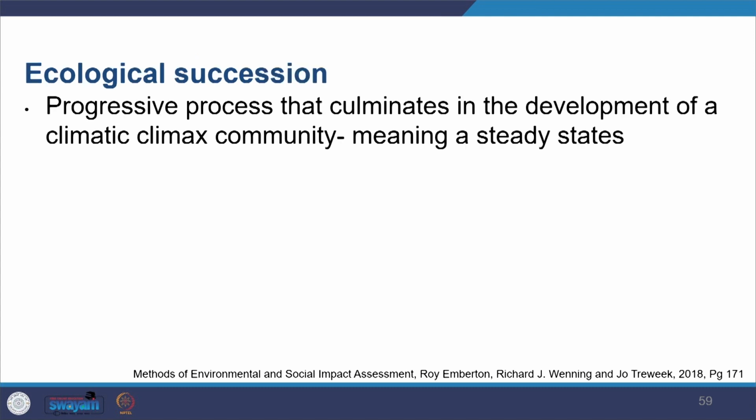Another term you would see is ecological succession, which means a progressive, stage-wise process, and when all those steps come together they become stable and develop into a climax community. That means a very stable community, and you also call it biomes.